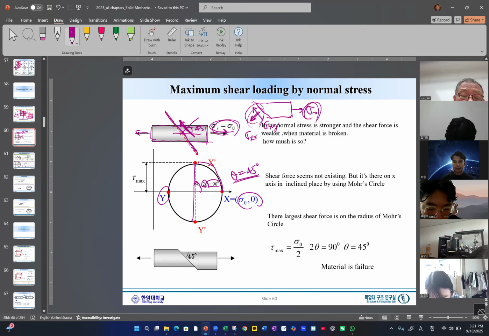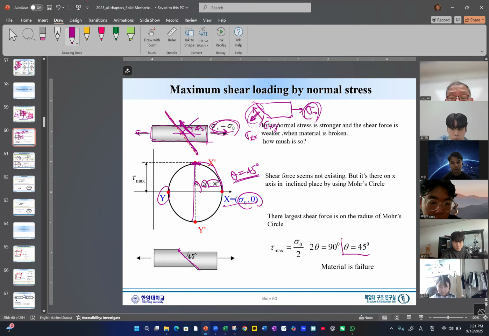As you can see, this is the maximum, and that will occur at theta equal 45 degrees with respect to this simple extension. That's why metal always fails. I mean, we can observe a shear failure. Well, that subject will be covered next time, but theta equal 45 is important in this simple case.